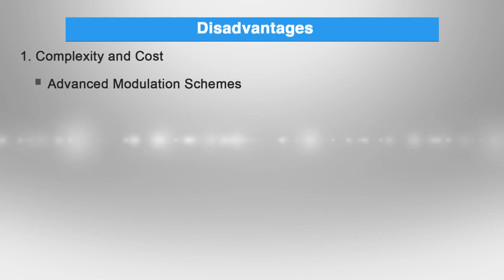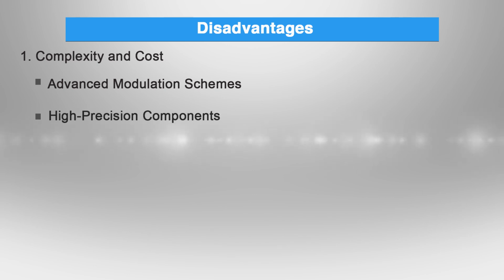First is complexity and cost, meaning advanced modulation schemes. Techniques like quadrature amplitude modulation and orthogonal frequency division multiplexing are complex, requiring sophisticated signal processing. This increases the cost and power consumption of the receivers.